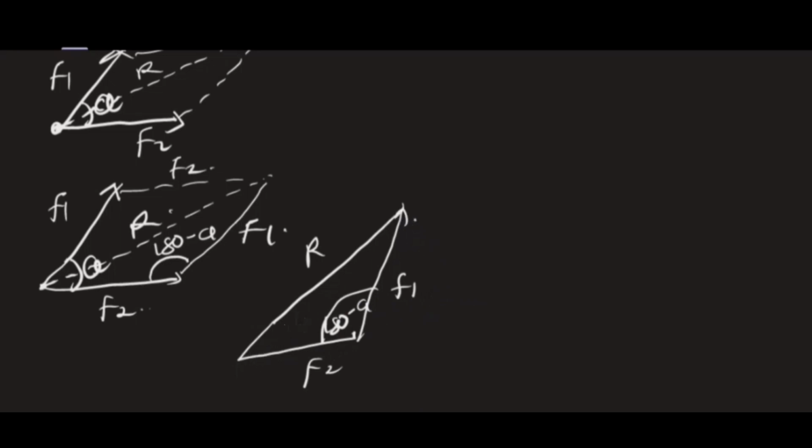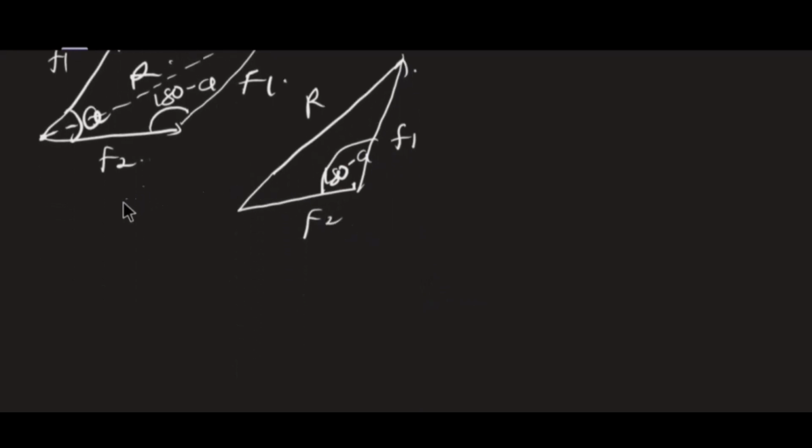We can now use the cosine rule to find out our R, because cosine rule requires that you have the opposite angle of the side you want to find, and it is present.